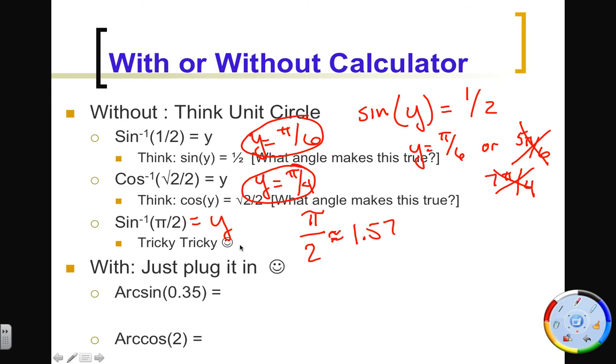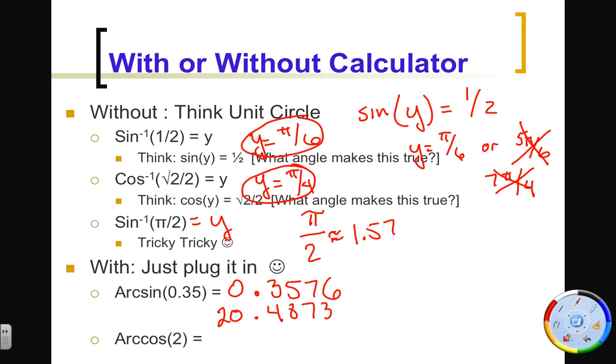And initially, I get 0.3576. But maybe your friend got 20.4873. So why are you getting two different answers here?